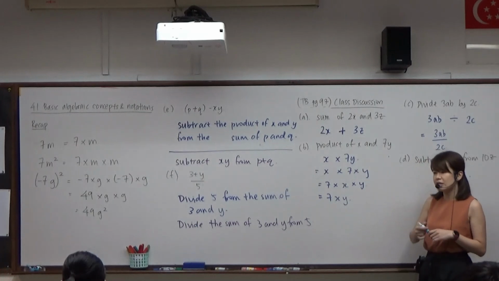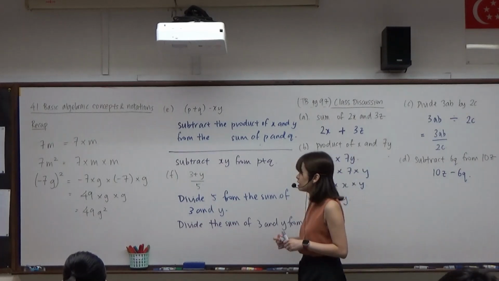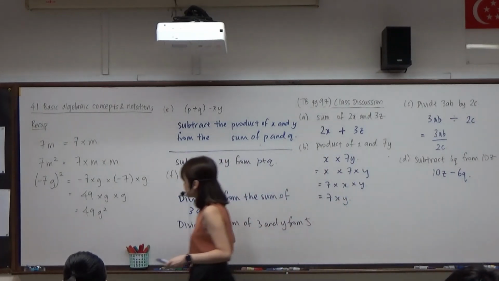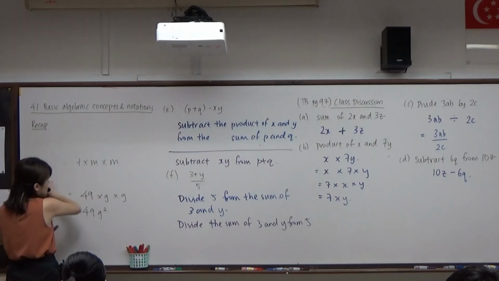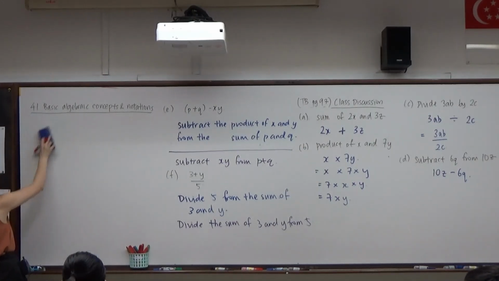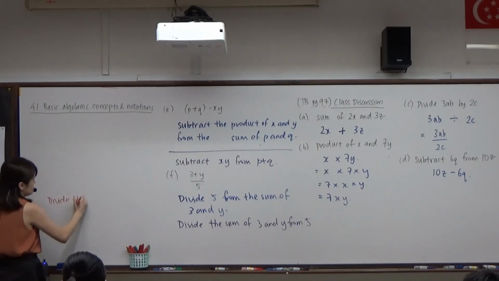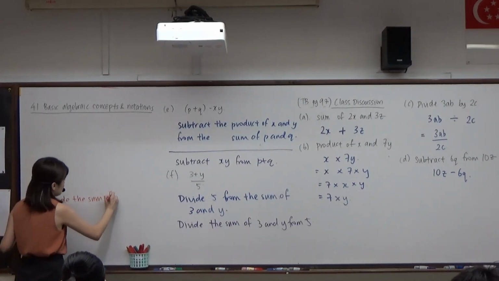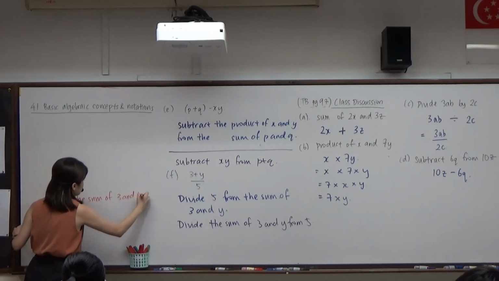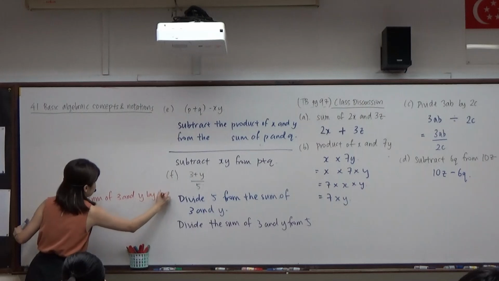So what's correct? Yes, Evan, you got something to say? You want to add? Okay, give another answer. So Evan gives an alternative: divide the sum of 3 and y by 5.